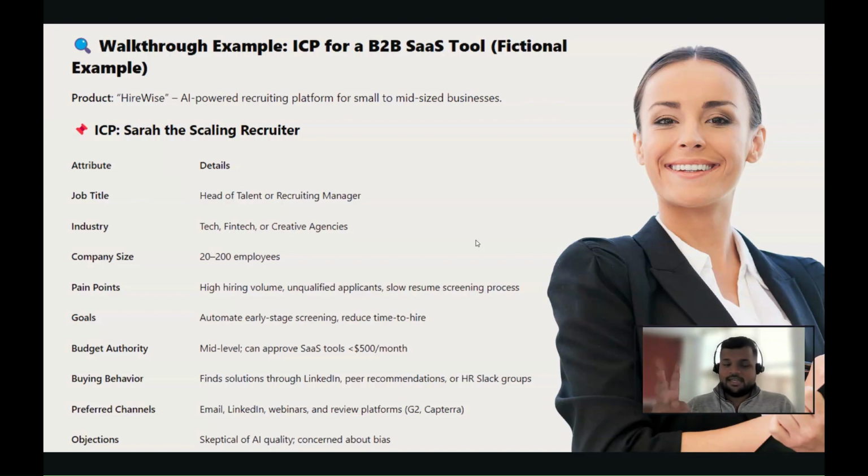Now let's do the last three very quickly. Buying behavior. It is typically the one that helps people to buy and find solutions very quickly. How are they buying?